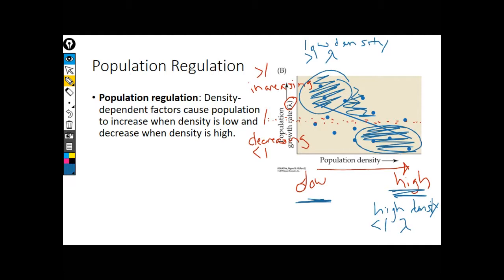So here we see the lambda still fluctuates, but it's not fluctuating randomly. It's fluctuating in response to the size of my population.